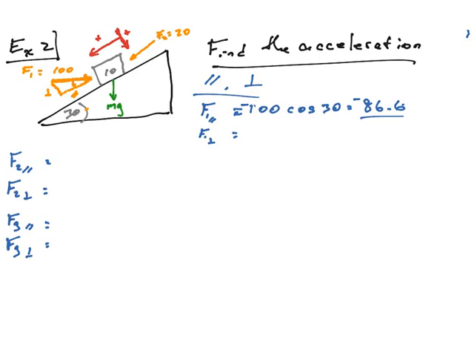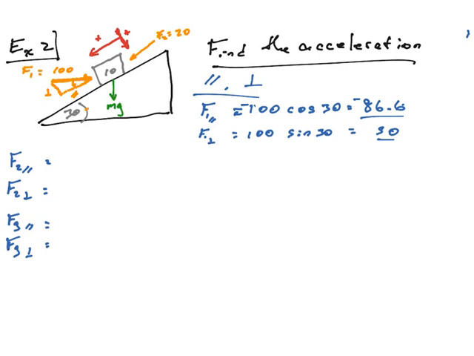What about the perpendicular? Well, same thing. Look at my yellow triangle. The perpendicular side is the side opposite to the angle of 30. Opposite means sine, so 100 sine 30, which is 50. Now, is it positive or is it negative?